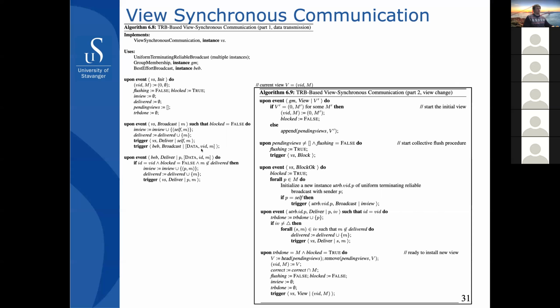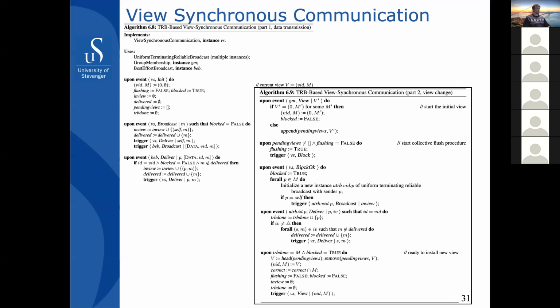Whenever I need to change to a new view, the blocking is set to true, and it cannot broadcast more messages.